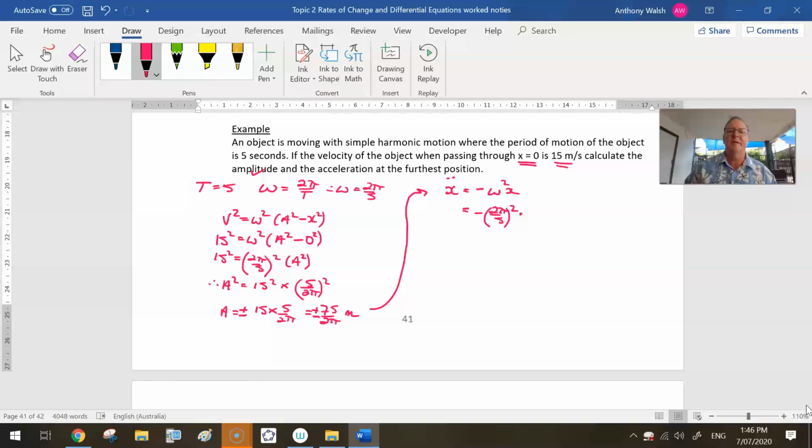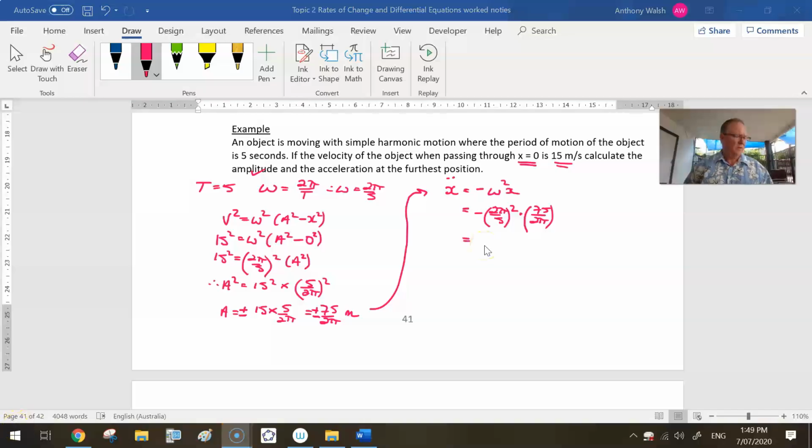we're talking about the acceleration at the furthest point. Well, at the furthest point is where x is equal to a, the amplitude. So subbing into that, 75 on 2 pi for x, I can work out what the acceleration is.